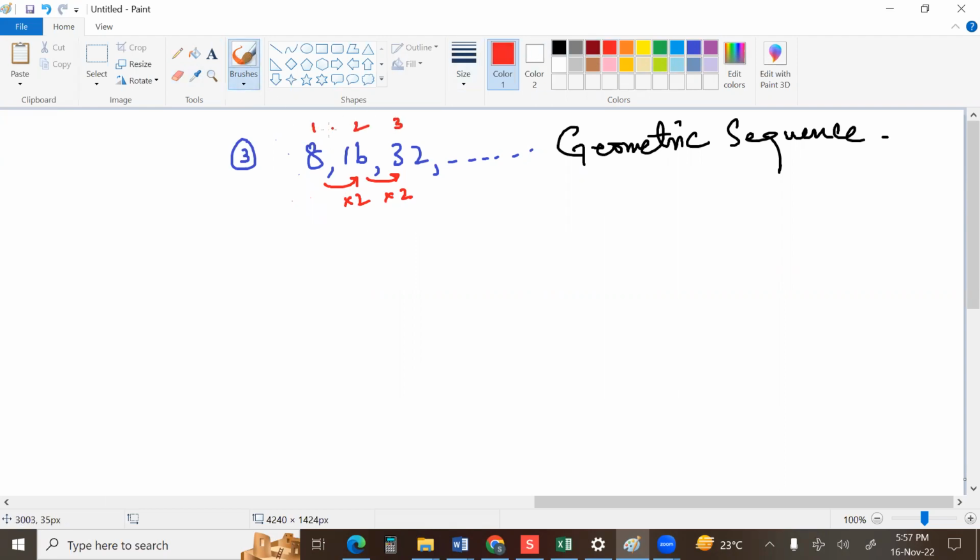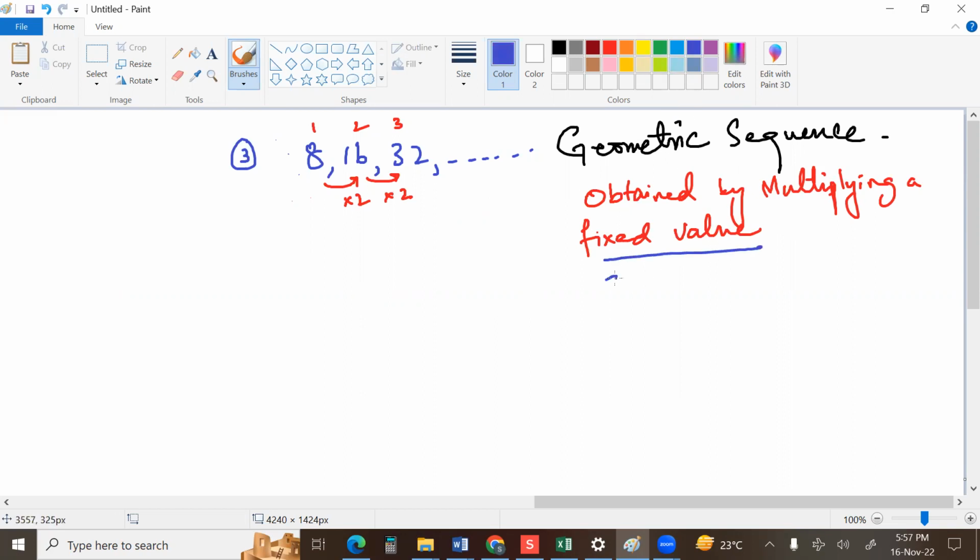1, 2, 3. That's the first term, second term, and third. For a geometric sequence, the characteristic is that it is obtained by multiplying a fixed value. In arithmetic, we add a fixed value, and in geometric, we multiply by a fixed value.